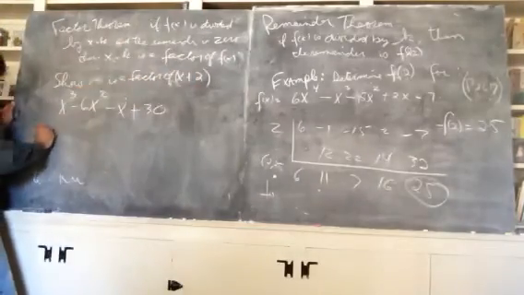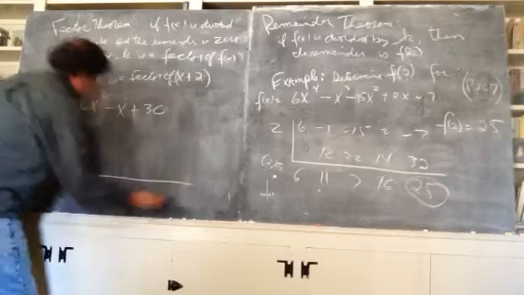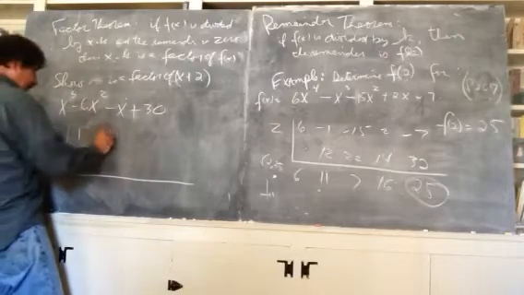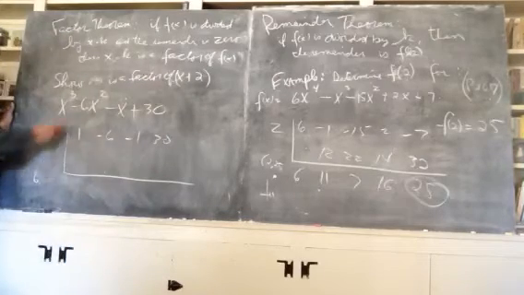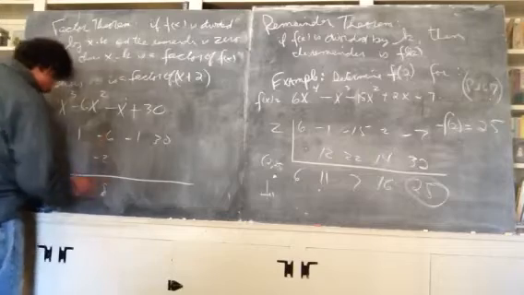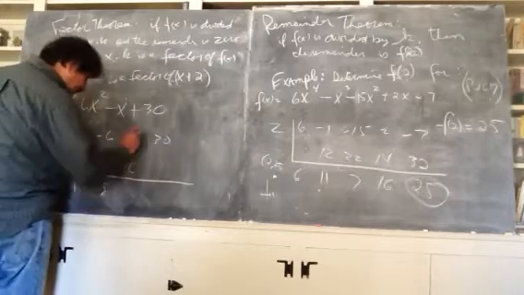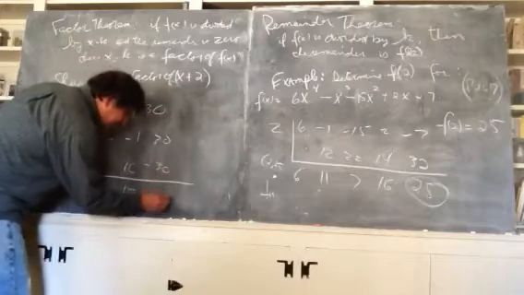So I'm dividing synthetically, and I'm using negative 2. And so it's just 1, negative 6, negative 1, and 30. And here we go, synthetically. Bring down, multiply, negative 2, add, negative 8, multiply, 16, minus 1 is 15, multiply, negative 30, zippo.